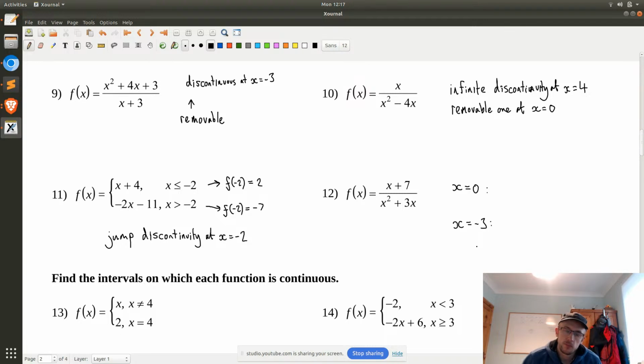But what's the behavior at that point? We get 23 for 0.1.